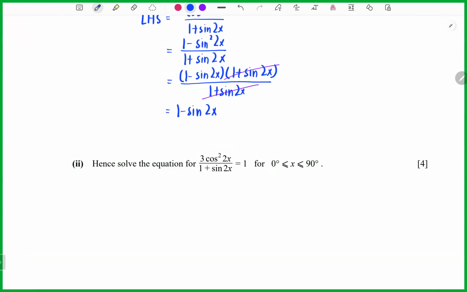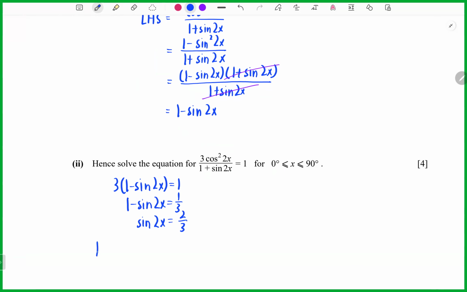So we can write it out: 3(1 minus sin 2x) equals 1. Now move to the right hand side, so sin 2x equals 2 over 3.